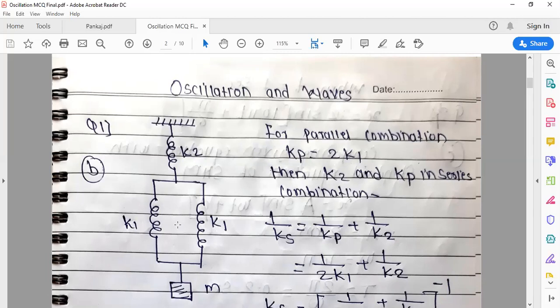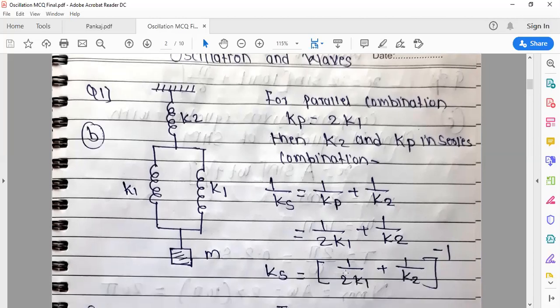Then this parallel combination is in series with the second spring, that is K2, with spring constant K2. In case of series combination, we write 1 upon Ks, the resultant force constant in series combination, equals 1 upon Kp plus 1 by K2. You know that Kp is equal to 2K1, so put the value of Kp, it is 1 upon 2K1.